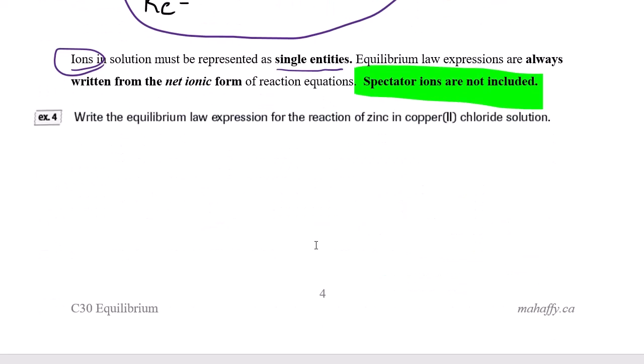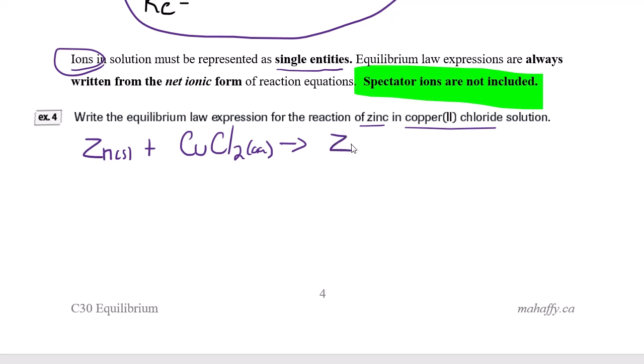So if I have this reaction here, zinc reacts in copper chloride solution. Well, here I have to figure out what the reaction is going to be first. So I have some zinc solid, copper 2 chloride. That's going to react, it's a single replacement, so it's going to react to give zinc chloride and solid copper.